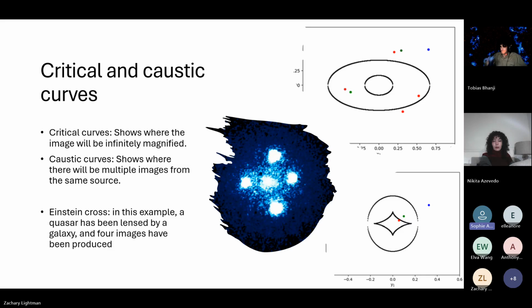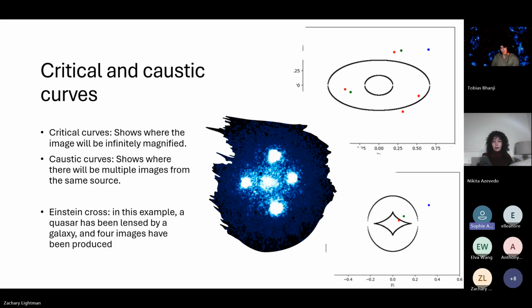So in this example, there's an Einstein cross. As mentioned previously, there's only been 2 observations of these ever in the cosmos, so they're pretty special. And in this example, a quasar has been lensed so much by a galaxy in the foreground that there's actually been 4 images, and that's what you can see here on the caustic curve, these 4 peaks in the diamond.